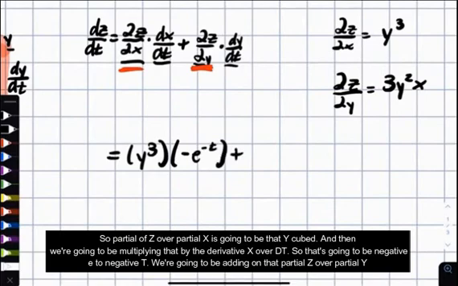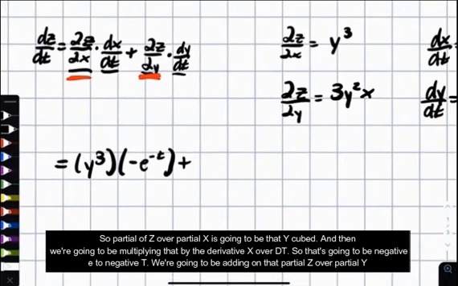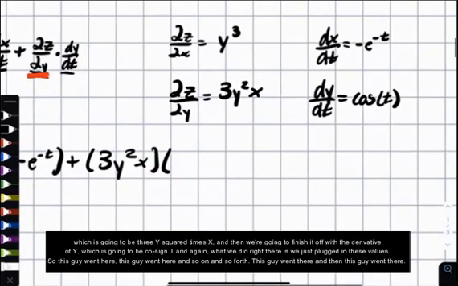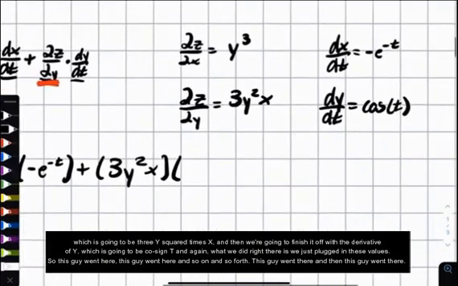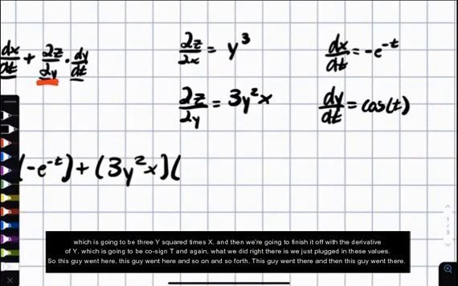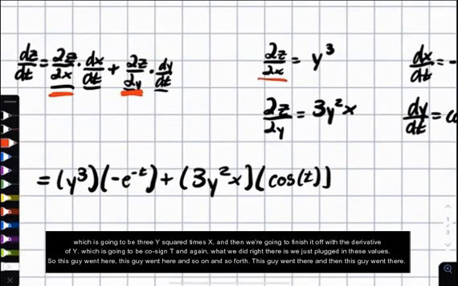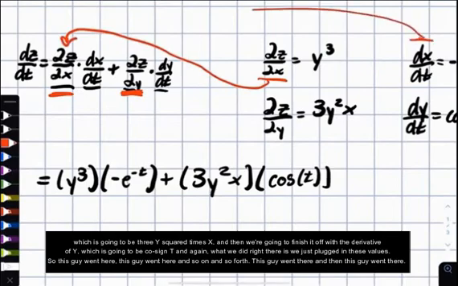We're going to add on that partial z over partial y, which is going to be 3y squared times x. And then we're going to finish it off with the derivative of y, which is going to be cosine t. And again, what we did right there is we just plugged in these values. So this guy went here, this guy went here, and so on and so forth.